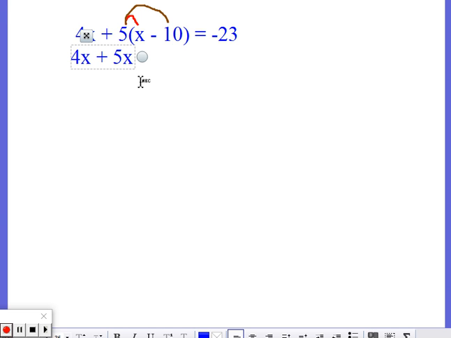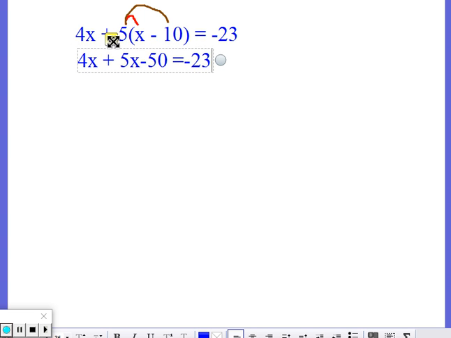Now 5 times negative 10 would be negative 50. Now the parentheses are gone. The equal sign stays, and I still have negative 23 on this side. So now it looks like this. Hopefully you understood that that is 5x minus 50.